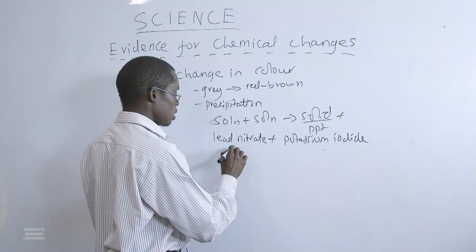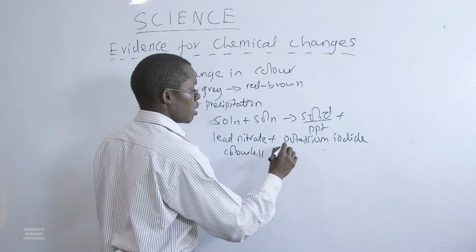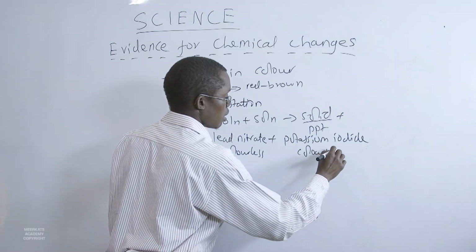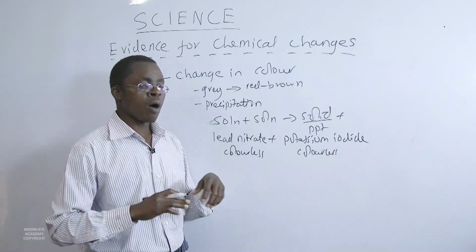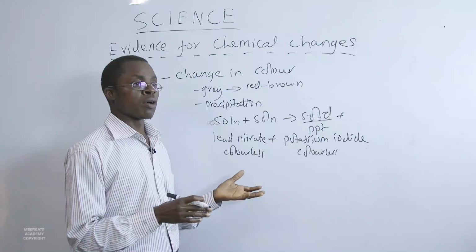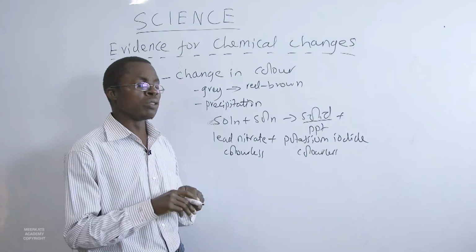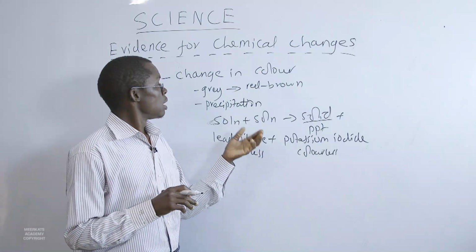This one is colorless, and this one is also colorless. But when you add these two, how will you know that a chemical reaction has taken place? How would you tell that a chemical reaction has taken place?